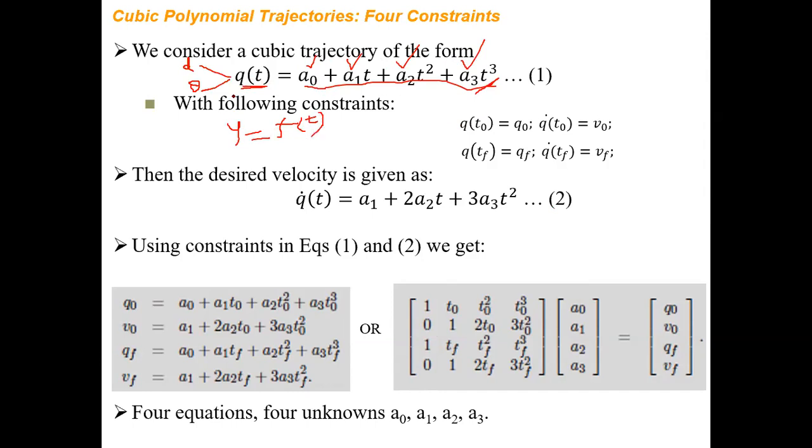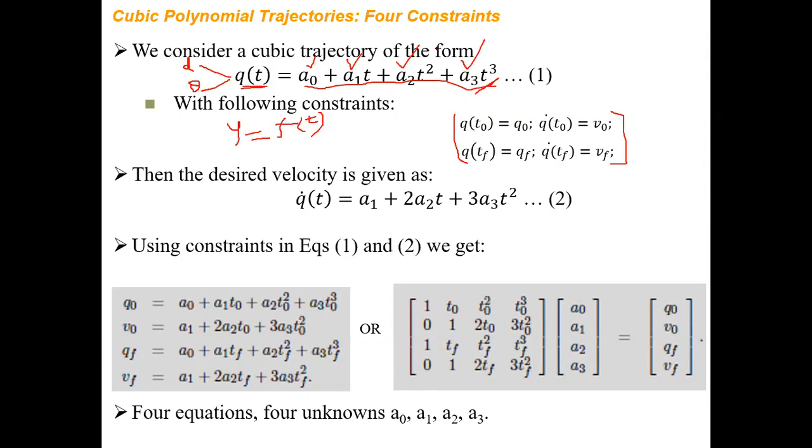So y is q here, y equals f(t). t is a variable, and y is also a variable. Now a0, a1, a2, a3 are parameters that you need to figure out by using these constraints. If you have 4 constraints, then using them you can figure out 4 parameters.